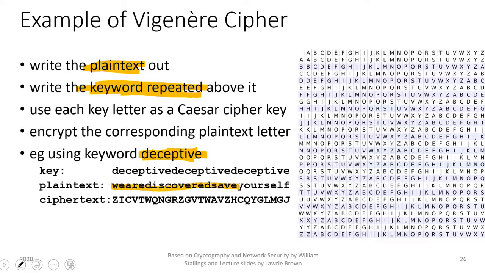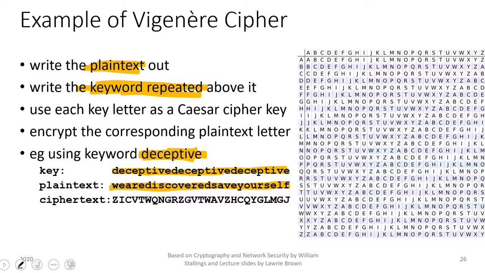If the plain text is "we are discovered, save yourself," we would take the keyword and repeat it: deceptive, deceptive, deceptive, however long the plain text is, we repeat the same keyword.